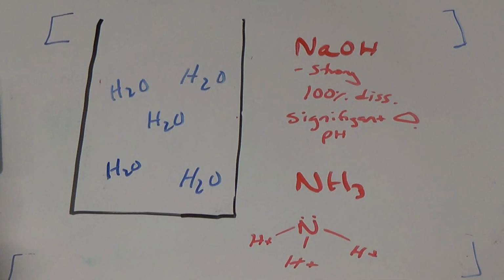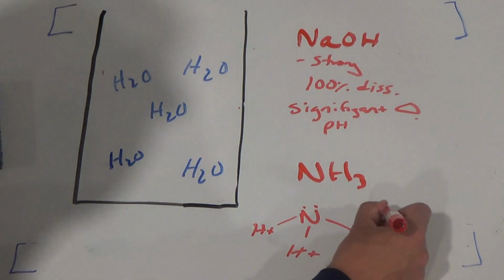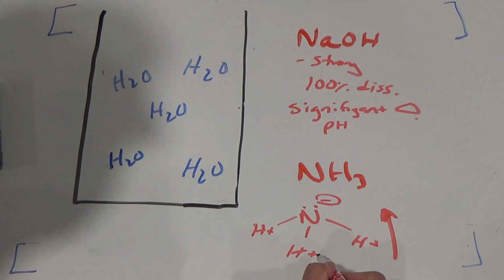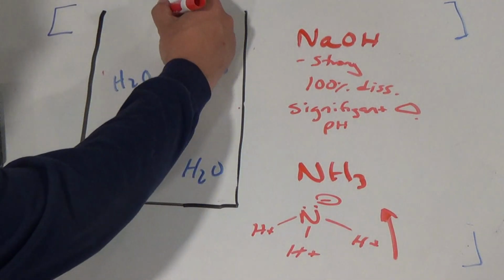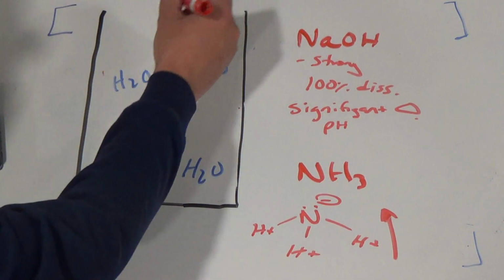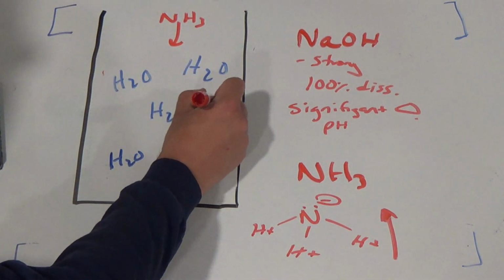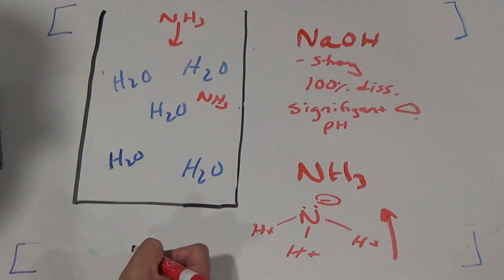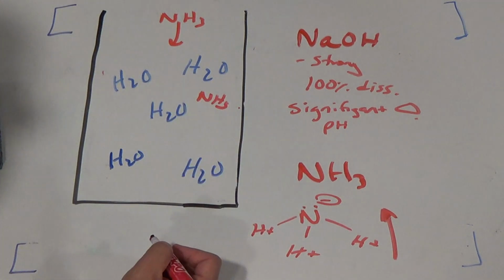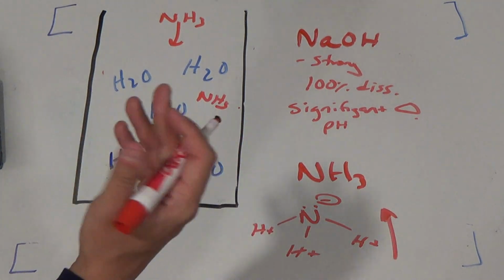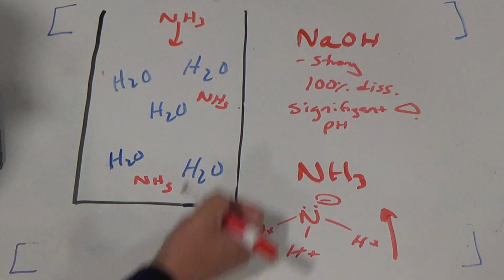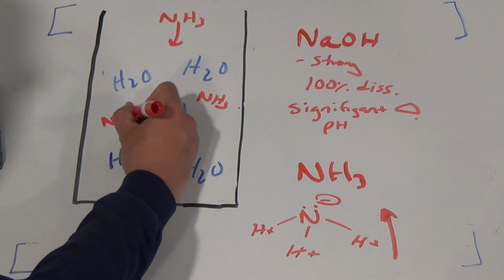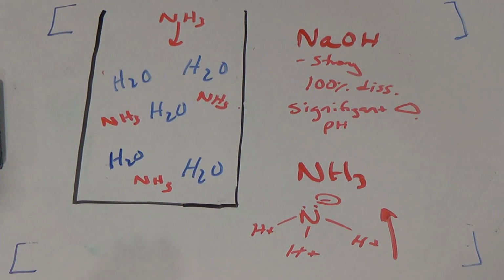You know it's slightly polar this way because there's excess negativity here, positivity here, so it can dissolve. But can it dissociate well? Not well, if at all. So NH3 comes in, it dissolves because it's polar, but does not dissociate. So not a big change in pH, if at all. Here's another one. No dissociation. And a third one. No dissociation.